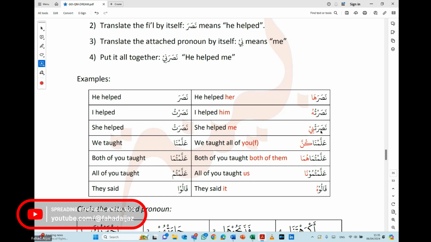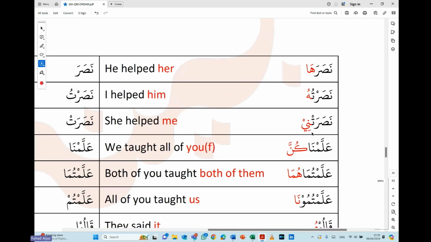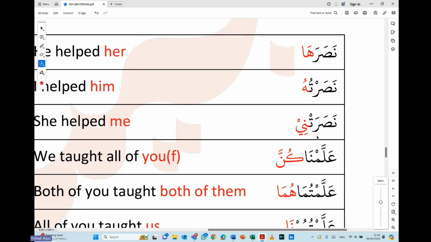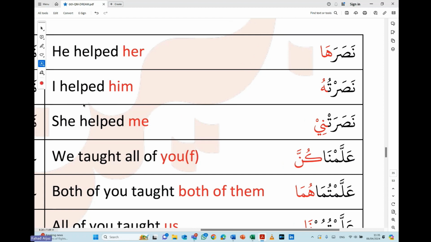Nasaratni. Now you're separating Nasarat, and you know what Nasarat is. Hiya Nasarat, which means she helped.